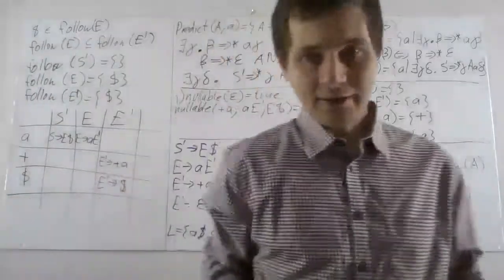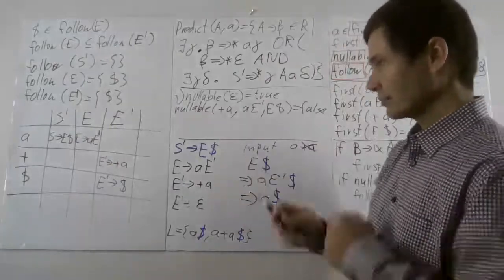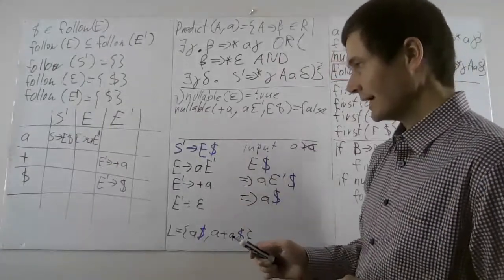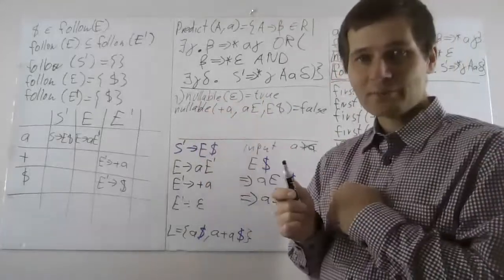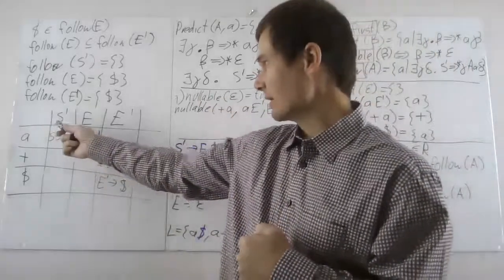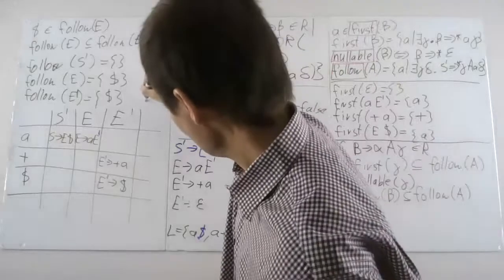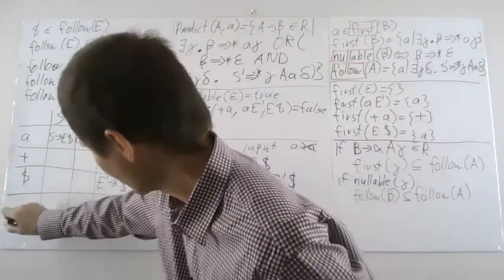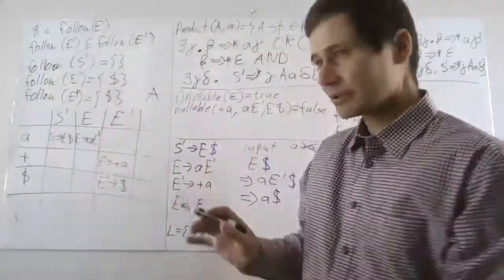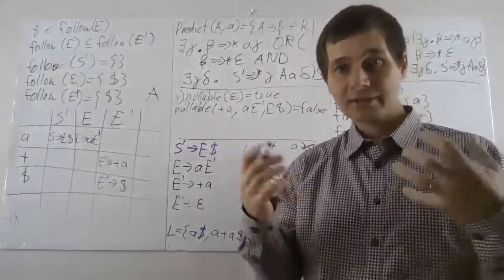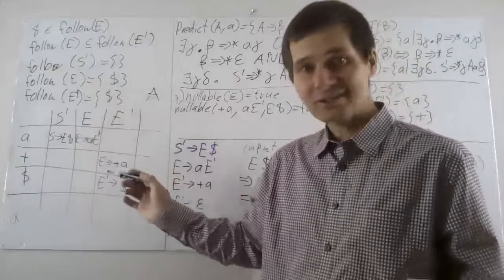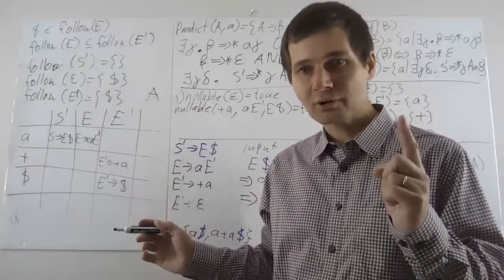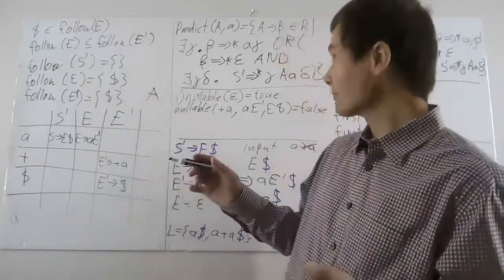Okay, so now I have this predict table, and I can use this table to implement the predict function, right? I have my non-terminal big A and my terminal little a, and I just look it up in the table. Now, the key thing is that each entry in the table is not just a single rule, but a set of rules, right?